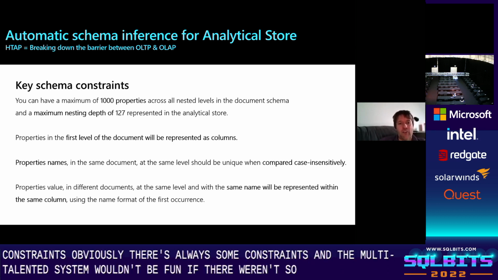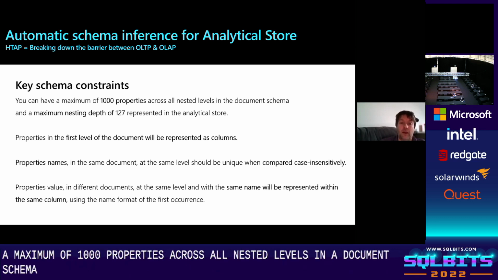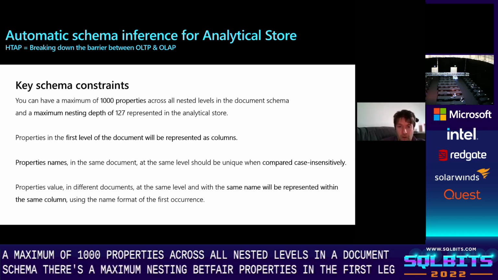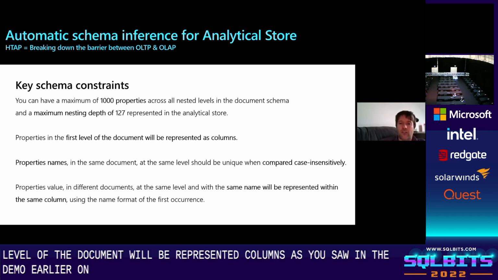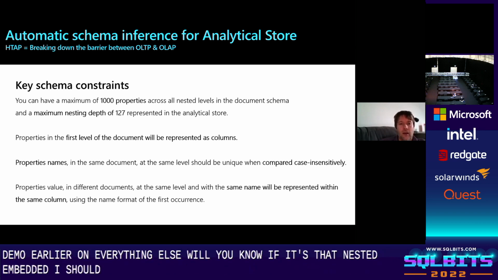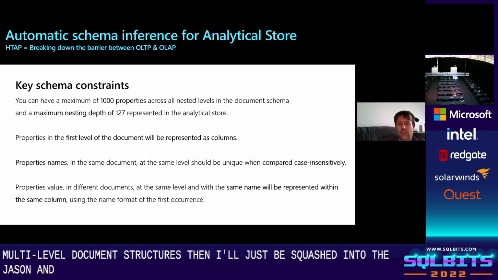So you can only have a maximum of 1,000 properties across all nested levels in a document schema. There's a maximum nesting depth there. Properties in the first level of the document will be represented as columns, and as you saw in the demo earlier on, everything else, if there's embedded JSON or embedded arrays or multi-level arrays or multi-level document structures, will just be squashed into the JSON and represented in that way.